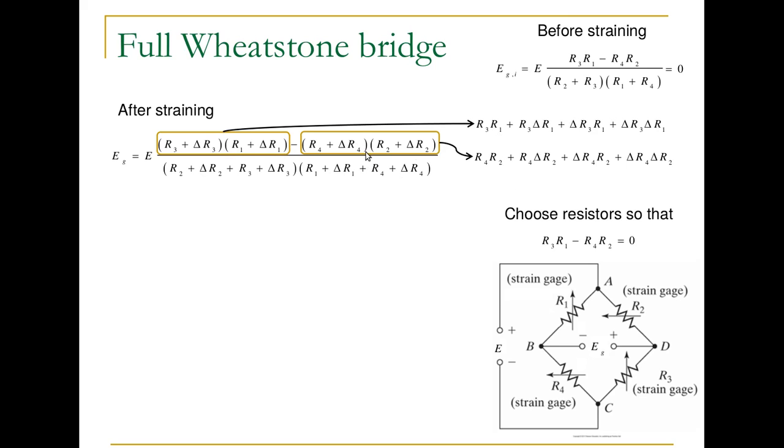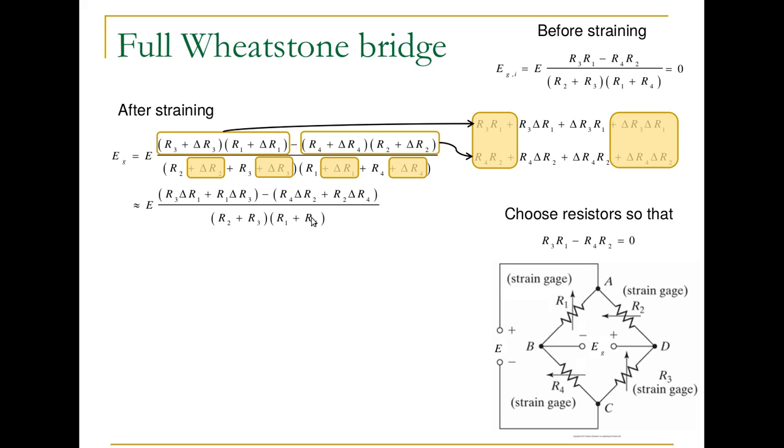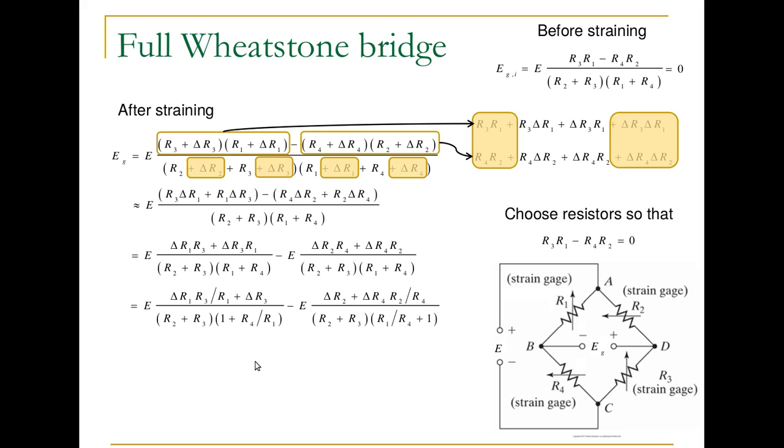If they're initially balanced, then we end up with this expression, and we can cancel out these terms here. And we'll assume that these are small, and so this is approximately equal to what's shown here. Now we're going to find a common denominator, and we're going to divide both sides by R1 on the left and top and bottom by R4 on the right.